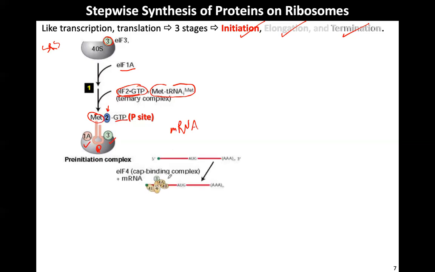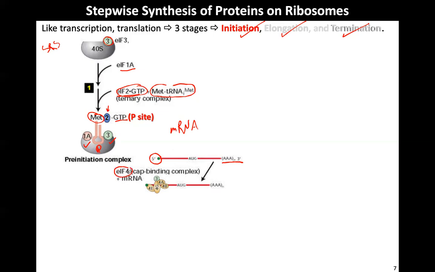Okay, so we'll see now. This is the messenger RNA, as we said in the last lecture. It is the mature form of the messenger RNA. It has a cap at the 5' end, a poly-A tail at the 3' end, and all the introns have been removed. This messenger RNA is bound with a cap binding complex, including eIF4.